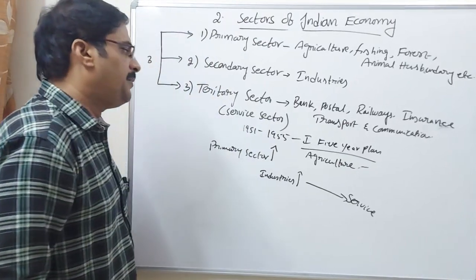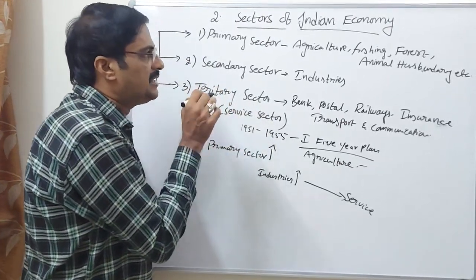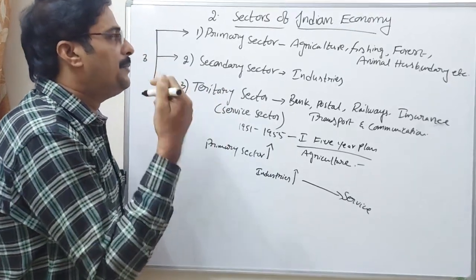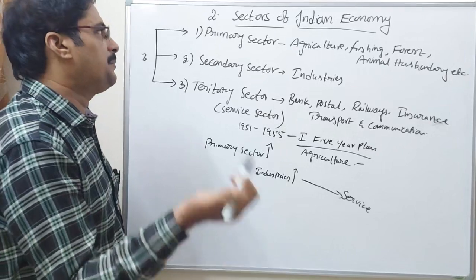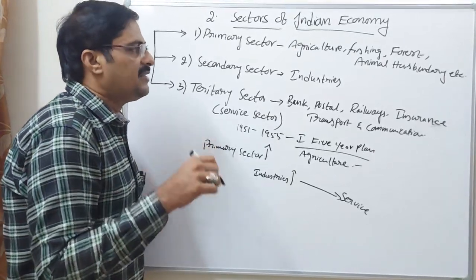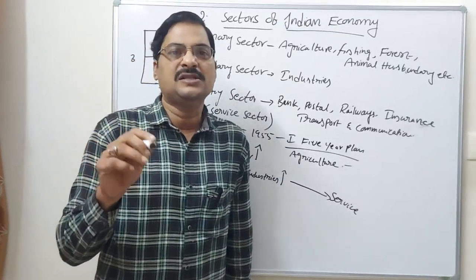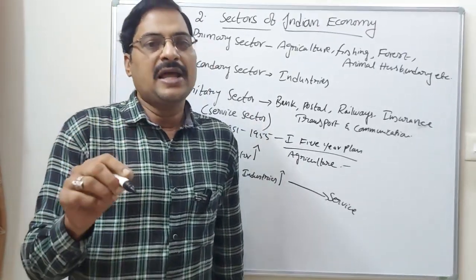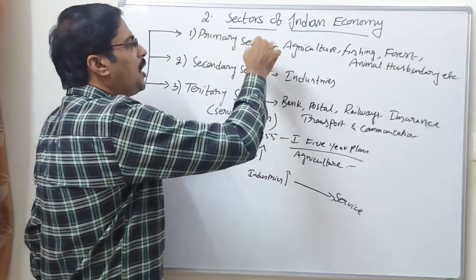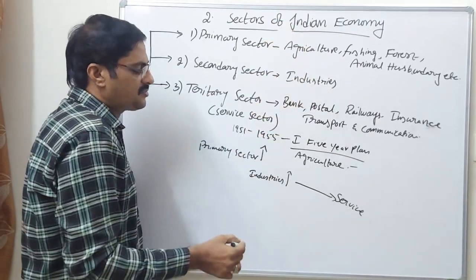The raw material coming from agriculture, who will bring it from the primary sector to the secondary sector? Yes, services only. Services are a major important concept. Transport and communication: transport is very important when bringing all the raw materials from agriculture to industries.